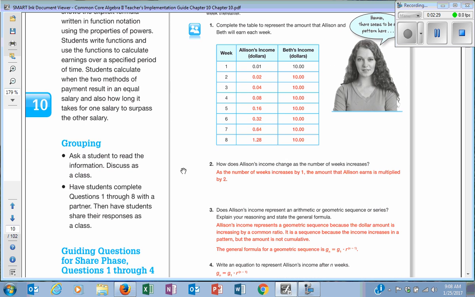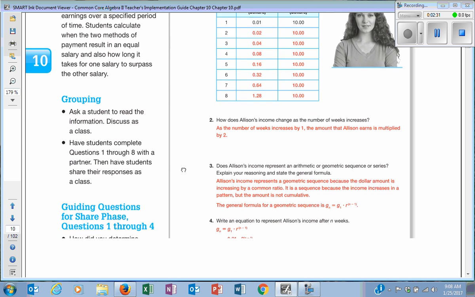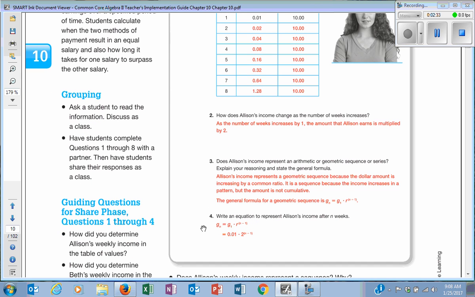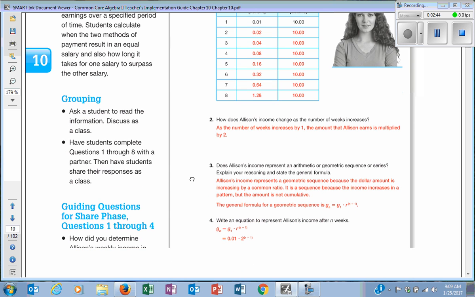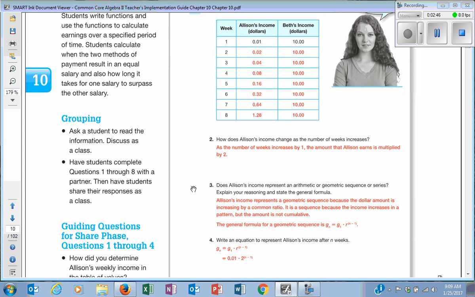So if you look at this, the big thing is we need to be able to write the equation, and that's going to come from old stuff, this geometric sequence. Because each time you're taking 2 to a power. This is times 2, times 2, times 2, times 2, times 2, times 2.